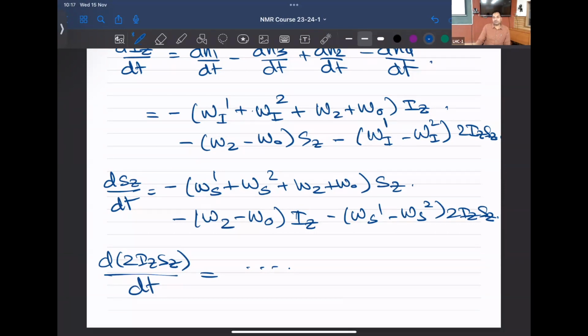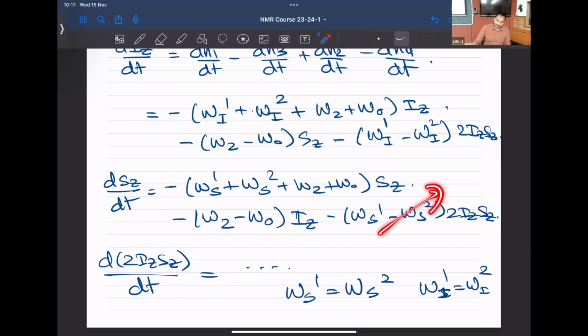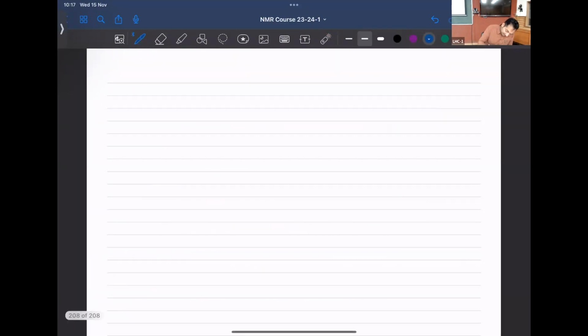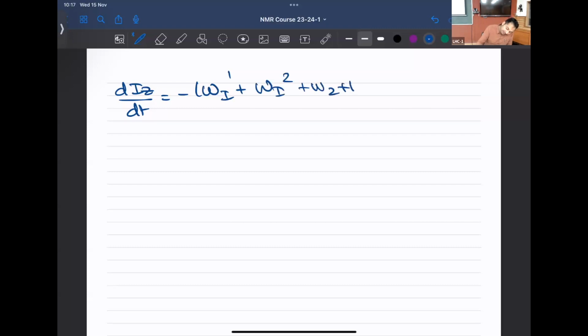But for the sake of this course, let's keep things simple. We'll say that WS1 equals WS2, WI1 equals WI2. So for this assumption, these cross terms will go to 0. So dIz over dt will be given by minus (WI1 plus WI2 plus W2 plus W0) Iz minus (W2 minus W0) Sz.